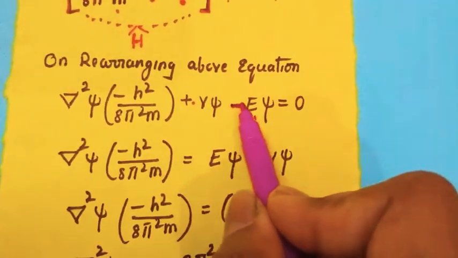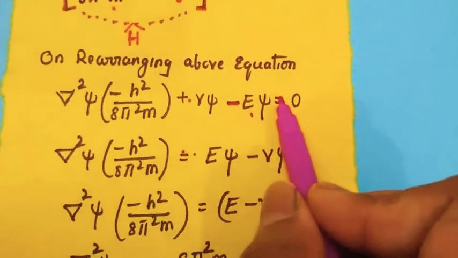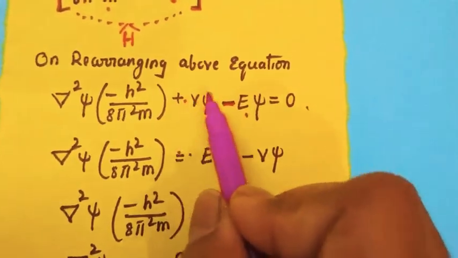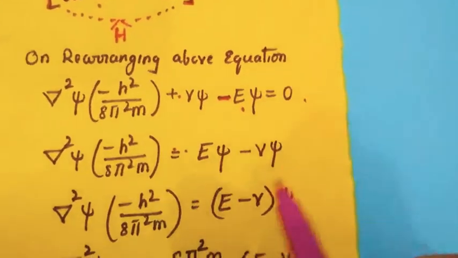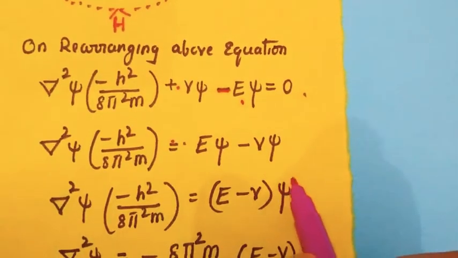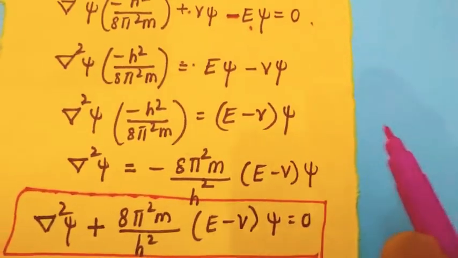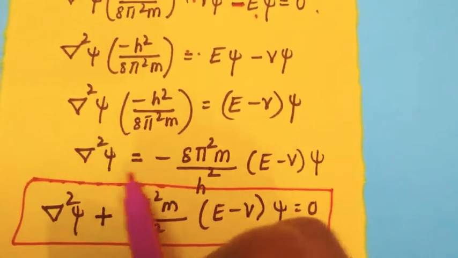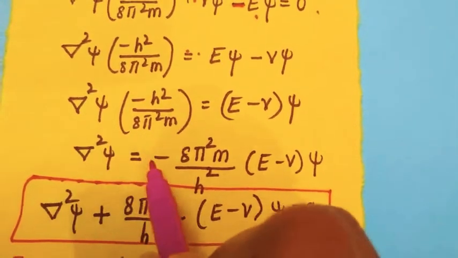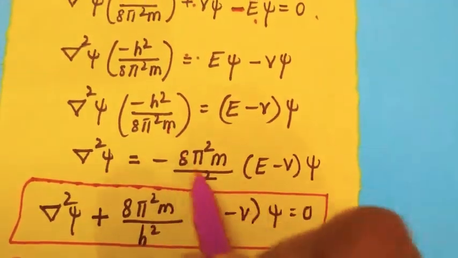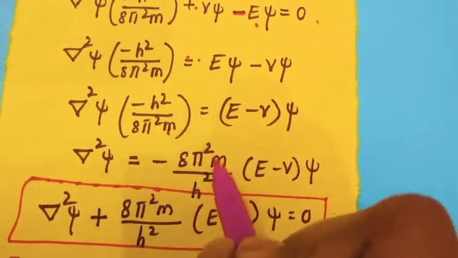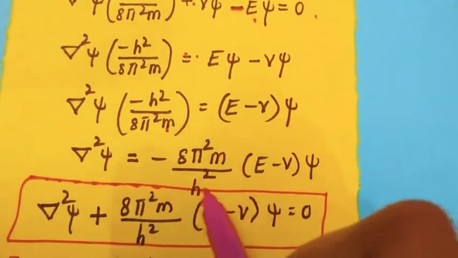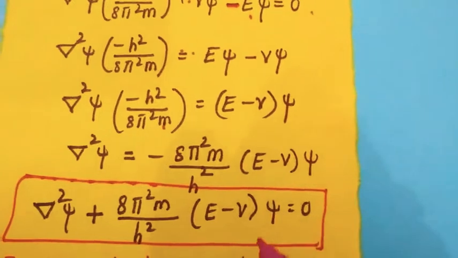This is minus, so it comes as plus when it moves to this side, minus V psi. You can also write E minus V psi, taking psi as common. And we need the del square psi value, so del square psi can be written as, if you take it from this side, it gets inverted: minus 8 pi square m upon h square, E minus V psi.